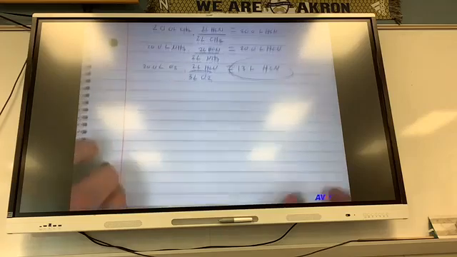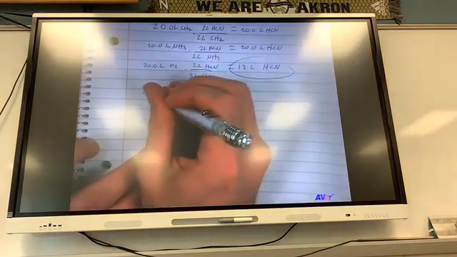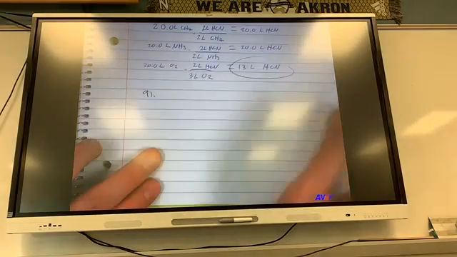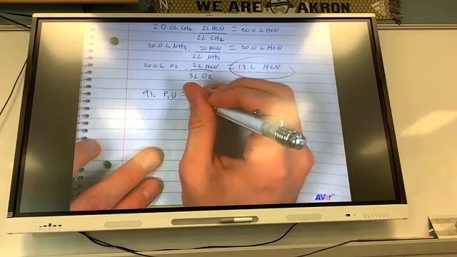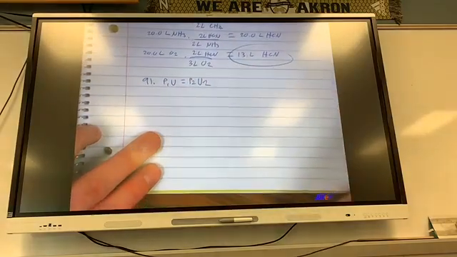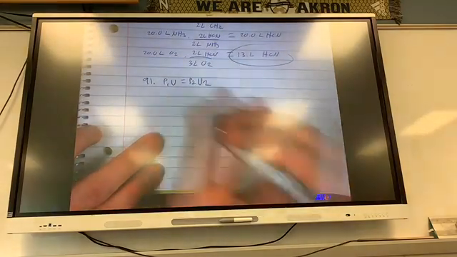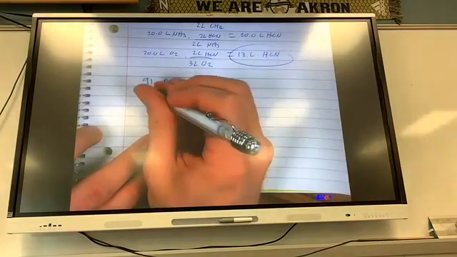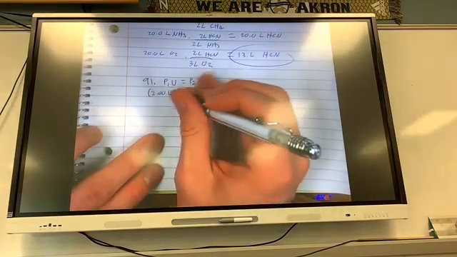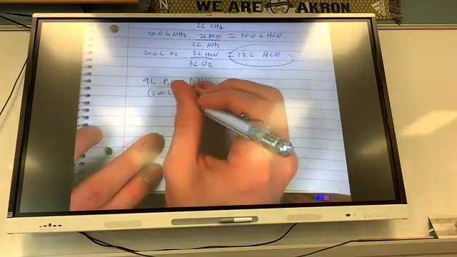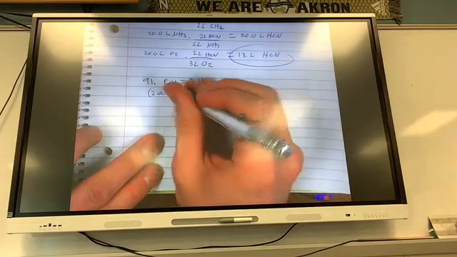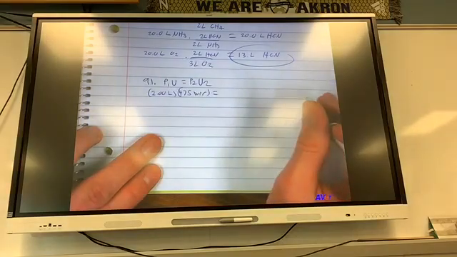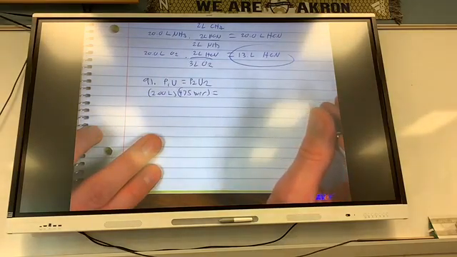So I got this picture on 91, right? On 91, this is essentially going to be P1V1 equals P2V2. So my first setup, I have 2.00 liters in the first bulb times 475 torr. That's equal to the second one.